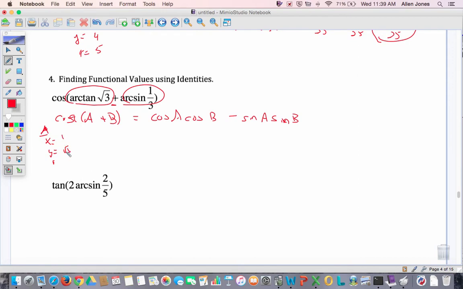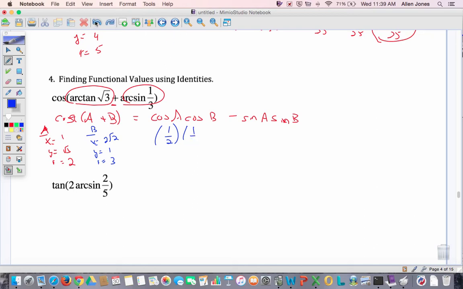So for my angle A, which is the tangent, x, y, and r: square root of 3 over 1. 1 squared plus 3 is 4. Square root of 4 is 2. And then for angle B, I'm using the 1/3. So x, y, and r. Y is 1, r is 3, which means I have the square root of 8 here, or 2 square root of 2. And now I substitute in what we know.